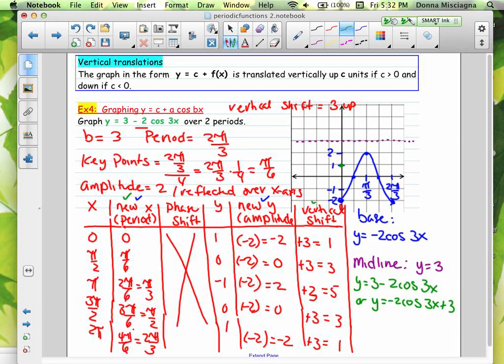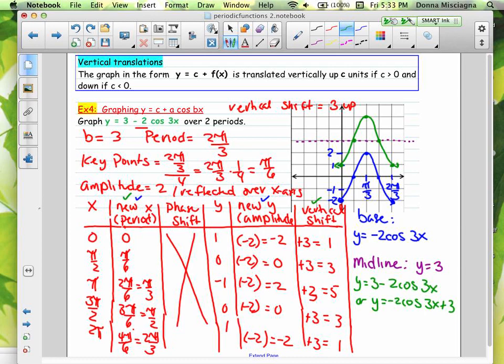This is my x and this is my y. So it's moving up 3, 1, 2, 3, right? It was right on the x-axis, and now it's right on the midline. And I've got the point (pi/3, 5), so it's 3 from where it was, up at 5. Then we have the point (pi/2, 3), which is also right on the midline. And then, of course, (2 pi/3, 1), and there we go. There's our graph.